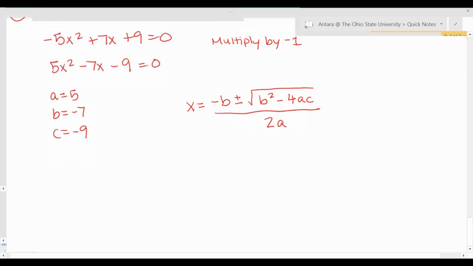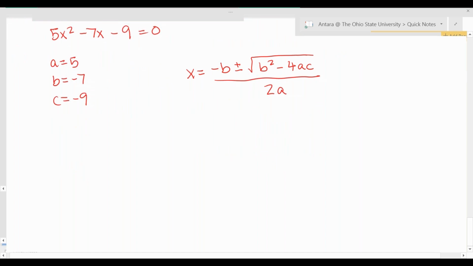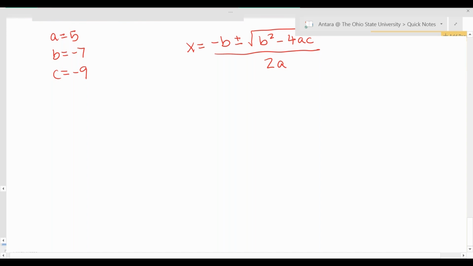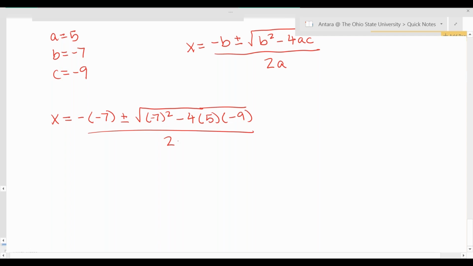So let's go ahead and use these coefficients to get our solutions for x. If we plug these in, x equals negative of negative 7 plus or minus the square root of negative 7 squared minus 4 times 5 times negative 9, all over 2 times 5.